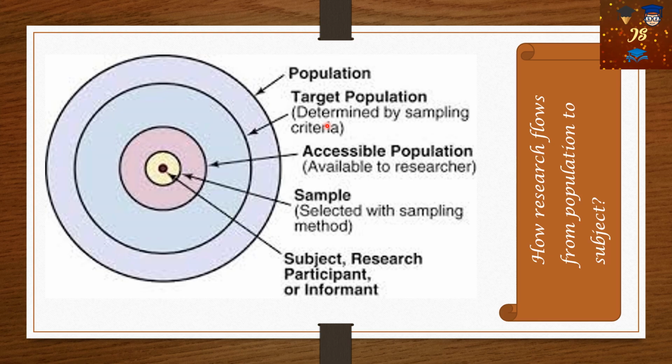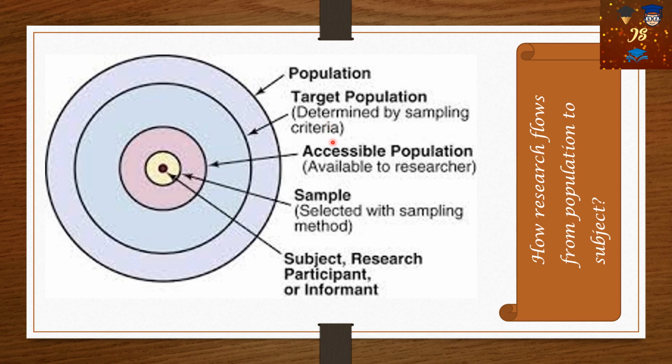Let us discuss with an example. If in a locality a huge number of people are living, that is the population. Our research topic may be how many of those people are suffering from eye disease or use specs. So our target population is the persons who use specs.